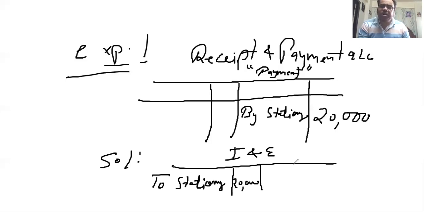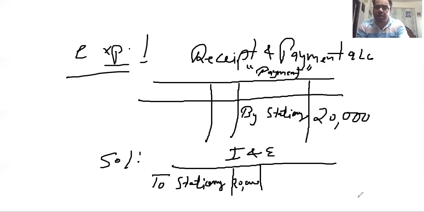So this will be the treatment of example number 1. I'm repeating again: during the year there is a payment regarding stationery, rupees 20,000. So what will be the treatment in income and expenditure? You have to simply debit to stationery, rupees 20,000 on the income and expenditure account. There is no stock maintained, just simple information is given.